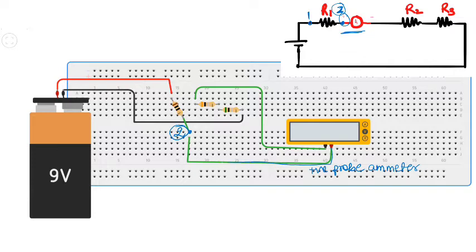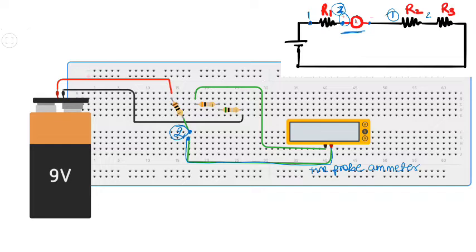This positive probe has been connected with the second terminal of resistance R1. And let us see what happens with the negative probe of the ammeter. Negative probe of the ammeter is to be connected with the first terminal of R2.